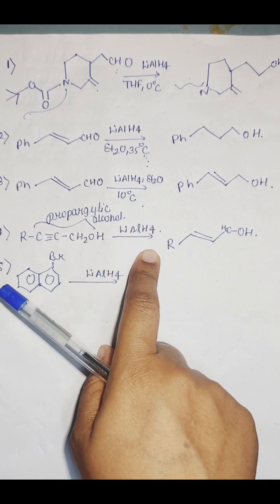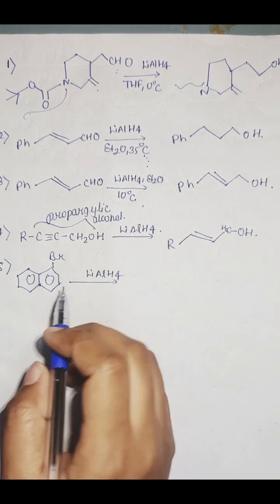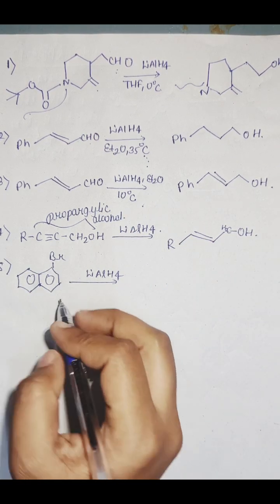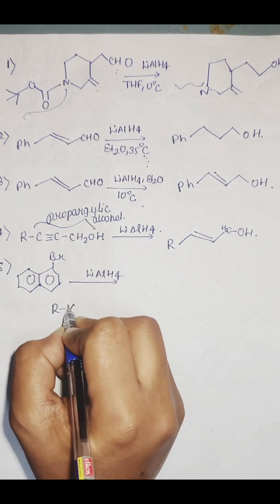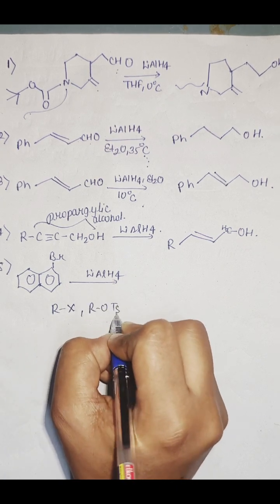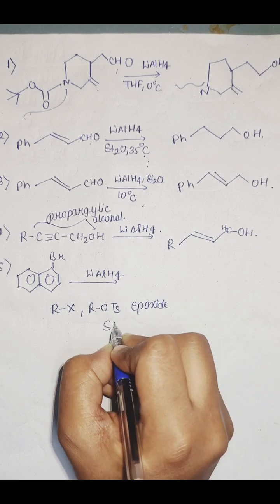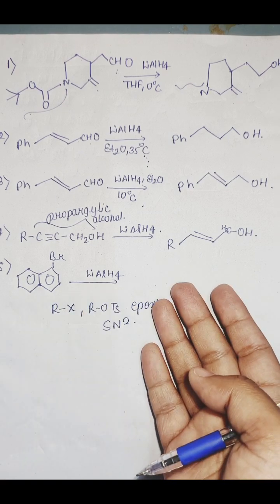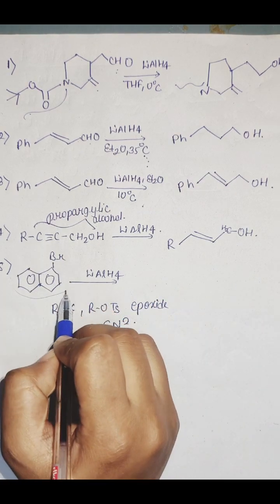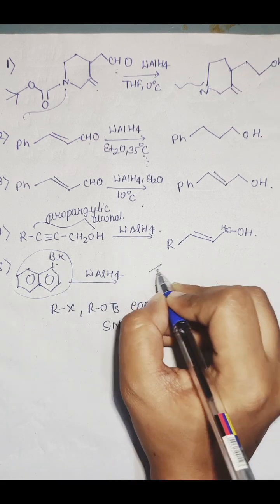In presence of lithium aluminum hydride, it is converted into a trans alkene. Another thing is that if LiAlH4 reacts with RX, ROTs and epoxide, then the SN2 mechanism will be followed, and if possible, inversion of configuration takes place. In this example, we simply have a bromine substituent attached, so it gets converted into hydrogen.